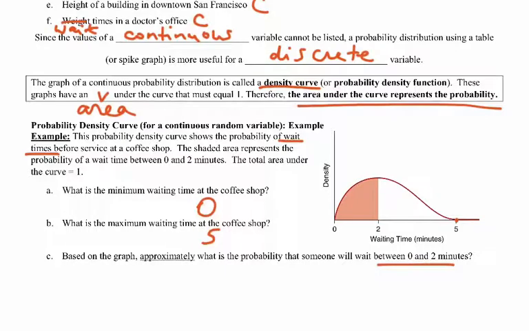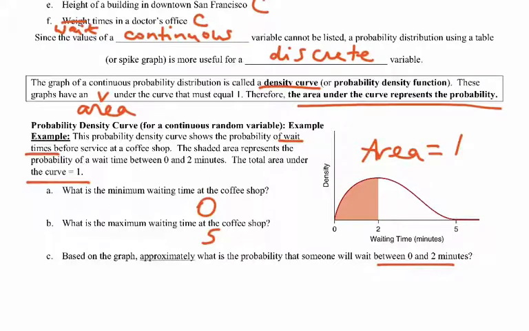Okay, so remember, the entire curve, so from 0 to 5 minutes in this example, the entire curve has an area of 1. So if I were to shade in all of this all the way to the 5, from 0 all the way to 5 and fill all that in, that entire area would equal 1. And that would be the case even if they didn't tell me, that would always be the case for a probability density function. They want me to figure out an estimate for what I think is the pink area because that's 0 to 2 minutes.